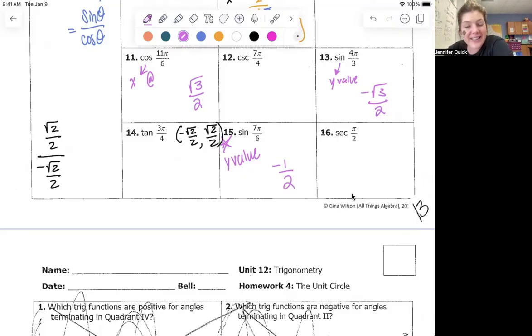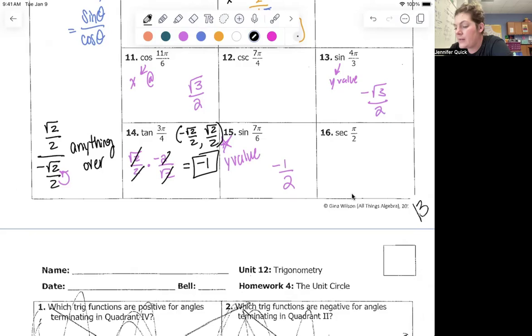If you don't, you're going to have to do the work. Here we go. Keep, change, flip. Twos go away, and square root of 2's go away. So this would be negative 1. Anything over itself is 1.